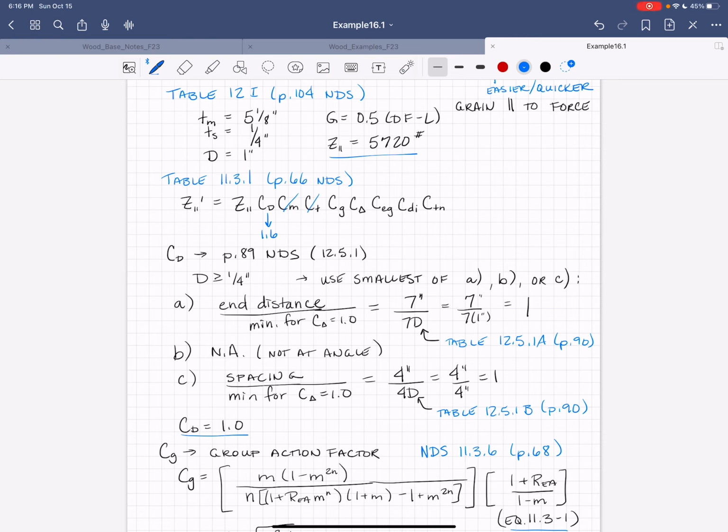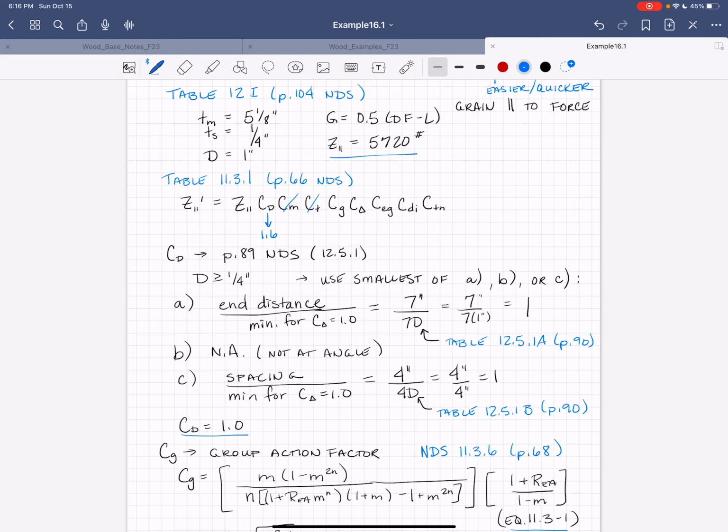Some of these are familiar from other portions of what we've done in flexure and shear. We've got CD, CM, CT, C sub little g, C delta, CEG, CDI, and CTN. So go to Table 11.3.1 and it tells you what each of these are.